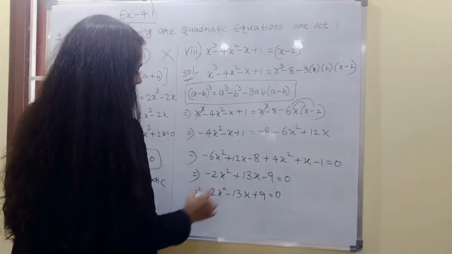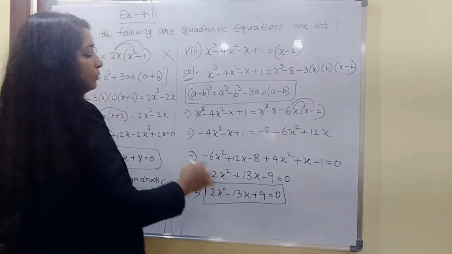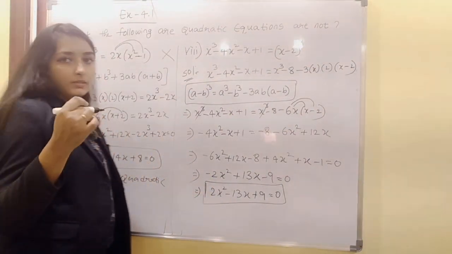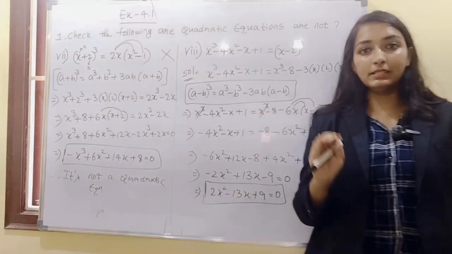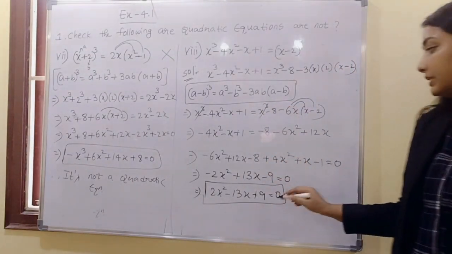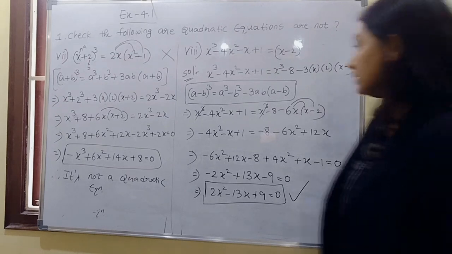Is it clear? So is this in the form of ax square plus bx plus c is equal to 0? Yes, it is. So it is a quadratic equation. Is it clear? So write the conclusion.